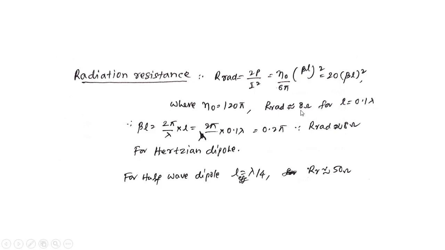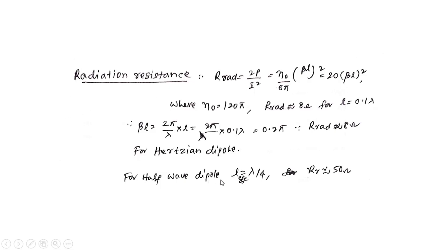Therefore, R radiation is approximately equal to 8 ohm for L equal to 0.1 lambda. Here, beta L is equal to 2 pi by lambda into L, which is 2 pi by lambda into 0.1 lambda. Lambda cancels out, so you have 0.2 pi. Therefore, radiation resistance is equal to 8 ohm for a Hertzian dipole.